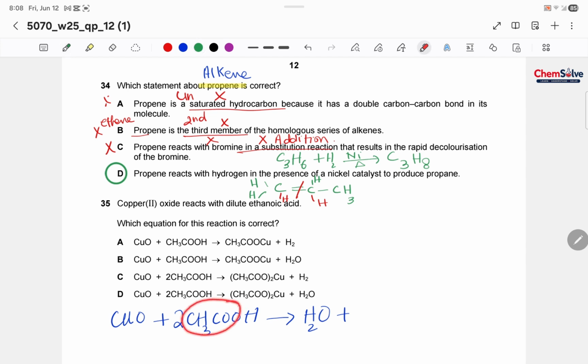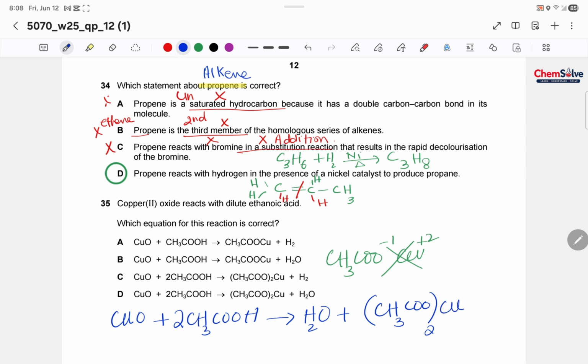CH3COO negative, ethanoate ion, acetate ion will be from here, and Cu from here. They will be CH3COO minus 1 and Cu positive 2 from here. They will be forming CH3COO twice Cu, copper acetate.